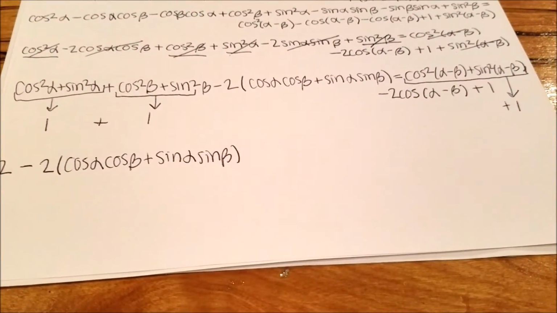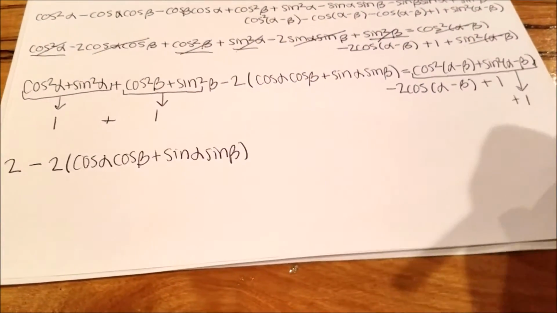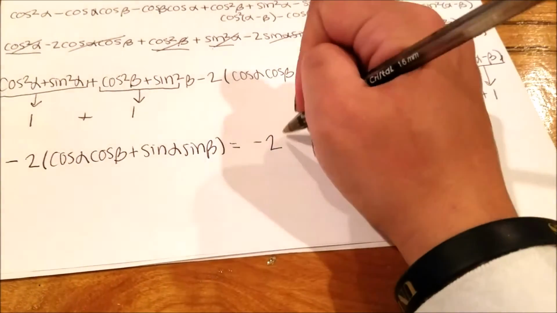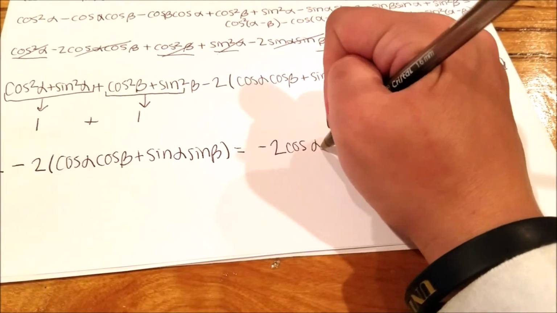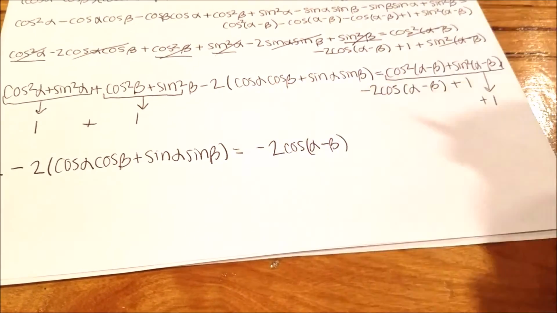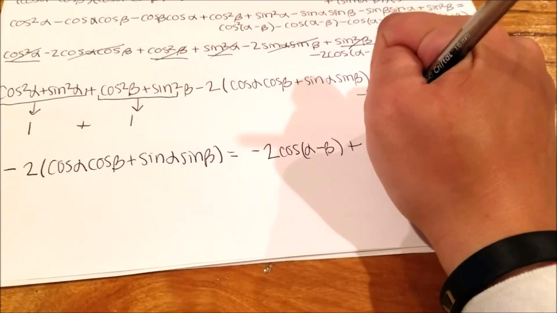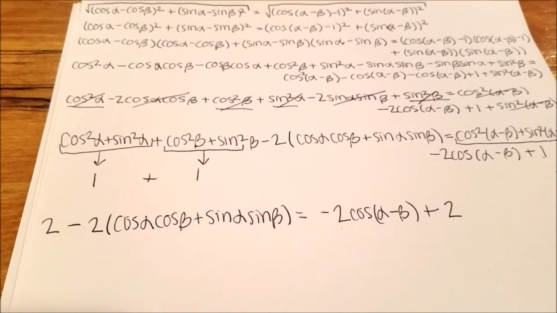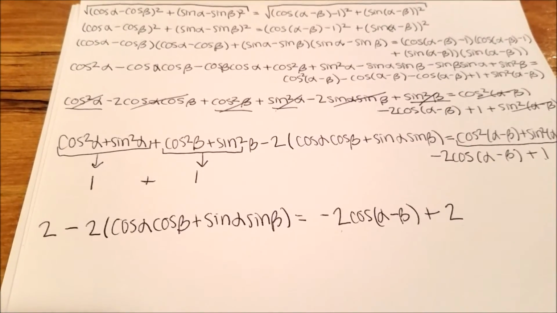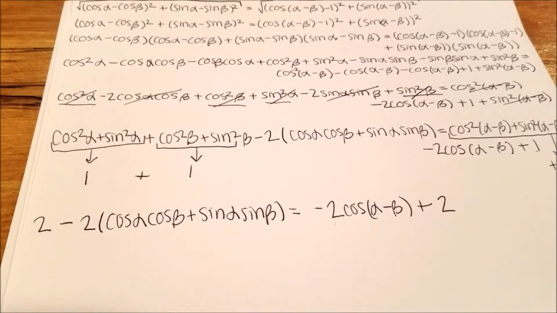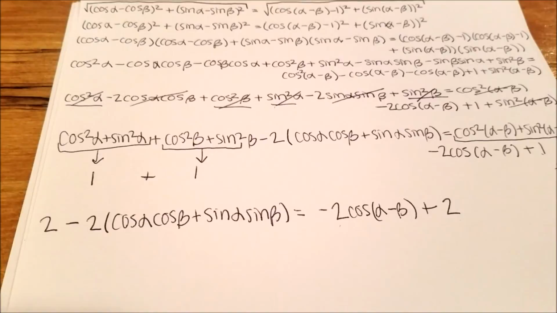The right side of my equation is going to be -2 cosine alpha minus beta, and those two ones give me +2. You may now resume the steps that were given to you to complete the proof of sum and difference identities.